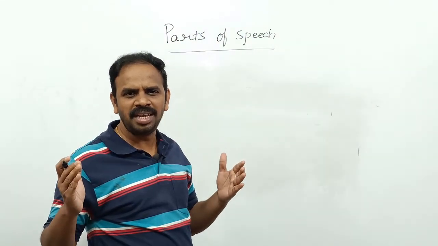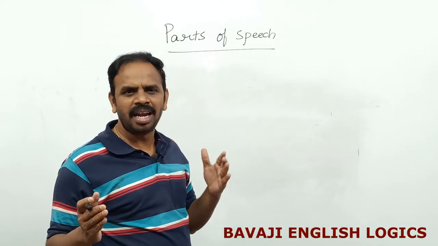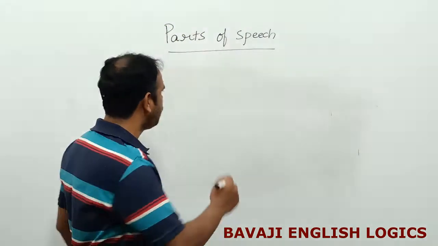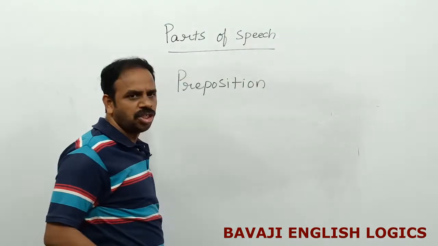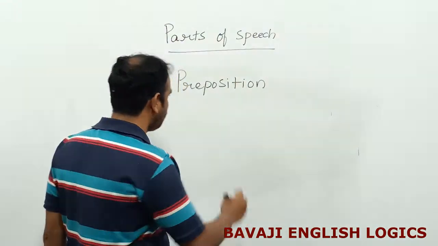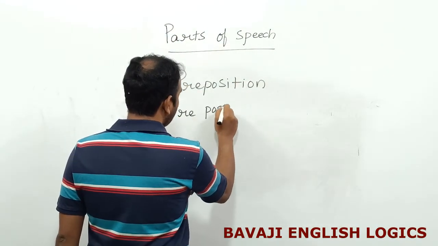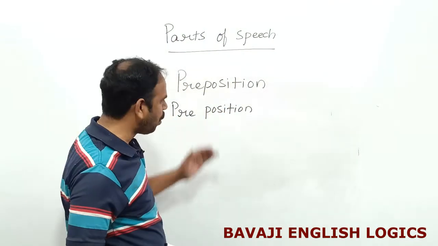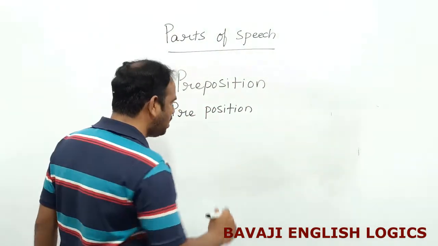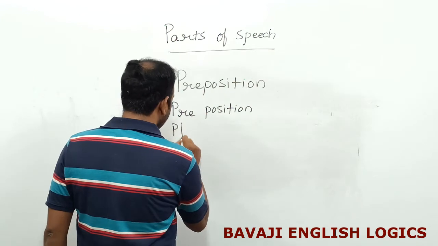We have been discussing grammar, and under grammar, today our topic under parts of speech is preposition. If we divide the word preposition into two parts, pre means before, position means place. So preposition means placed before.